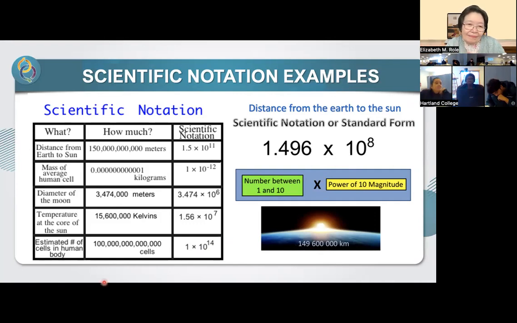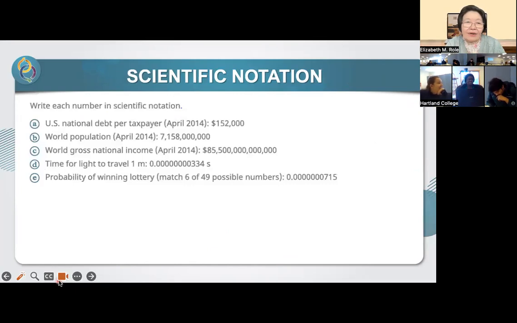Okay, so let's just proceed in here. Let's try to do the scientific notation so that I can explain some more if something is not okay. Look at these numbers here and then work on the scientific notation. Just try and then see whether the explanation had been clear.